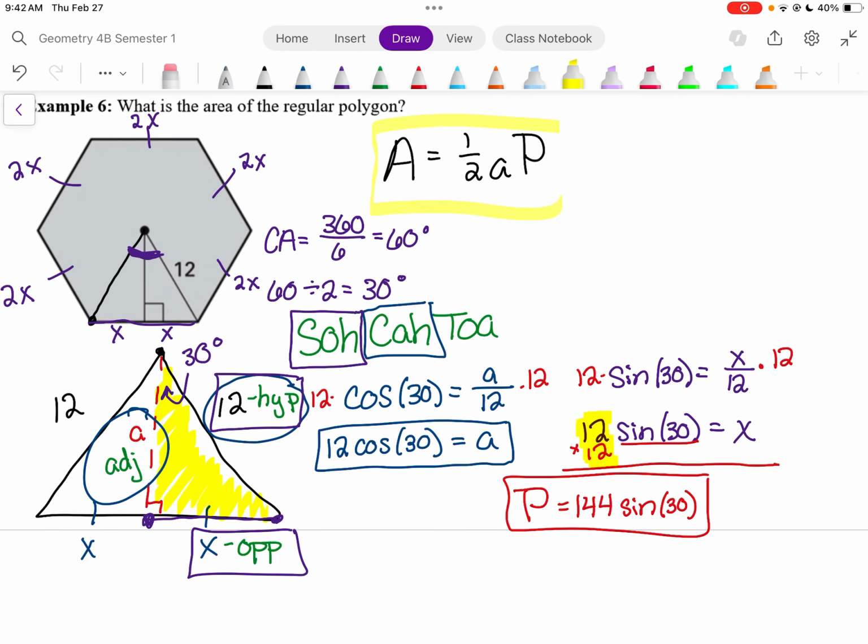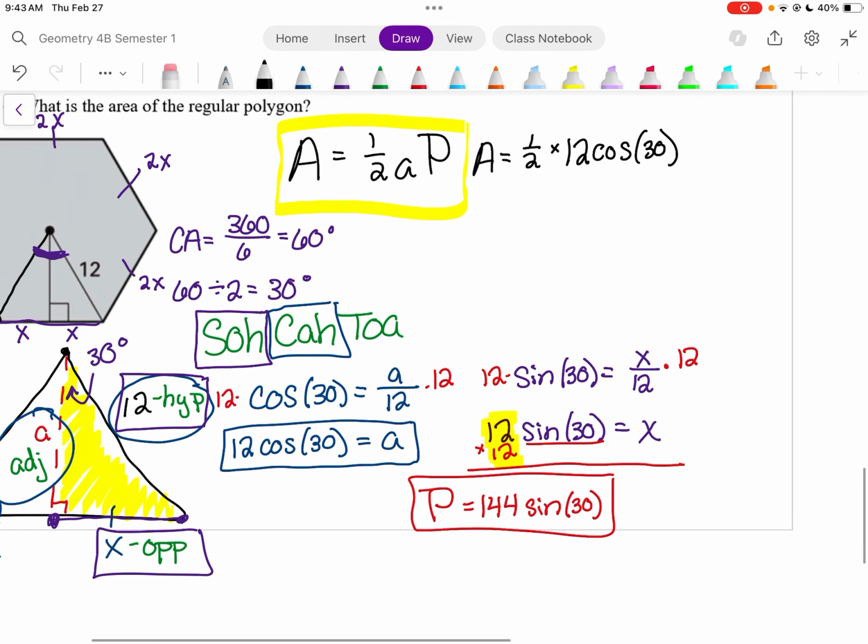Once we have both of those, we go back up to our area formula and plug everything in. For this problem, our area would be 1/2 times 12 cosine 30, because that is our apothem, times our perimeter of 144 sine of 30.